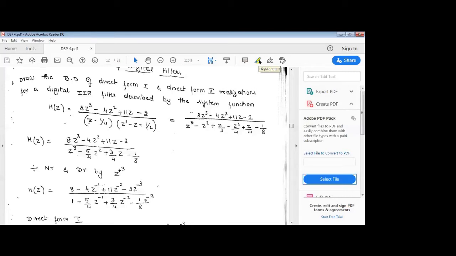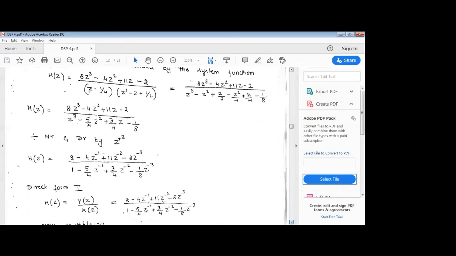Here we can see the order of the transfer function is 3. So I'm dividing both the numerator and the denominator by the highest order, third order, that is, by z cube itself.